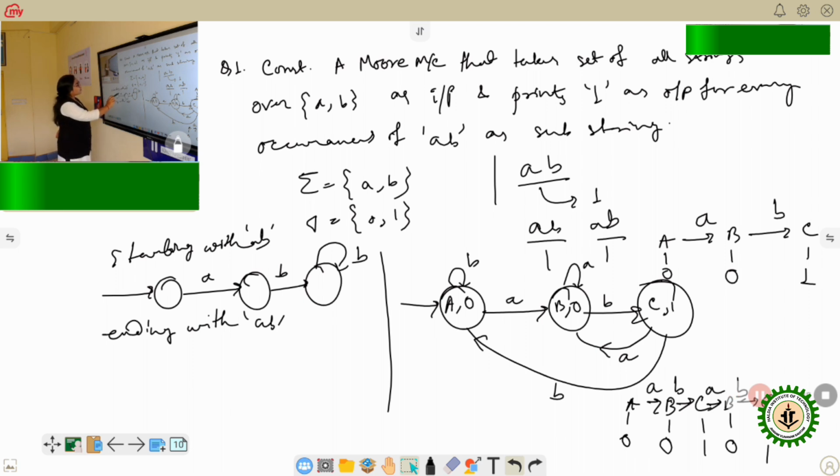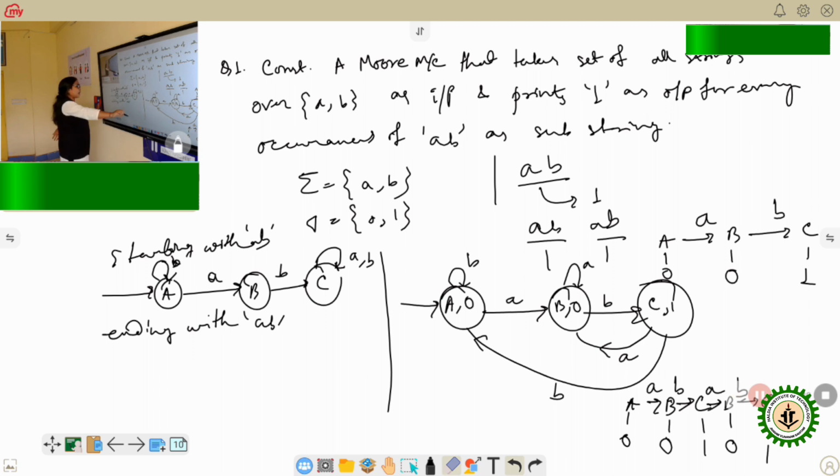If we take strings starting with AB, then there are basically 3 states, and I cannot keep a count of how many ABs there are. And if I take strings containing AB, there can be any number of B first, then AB in the middle, and after that any number of AB can be generated.